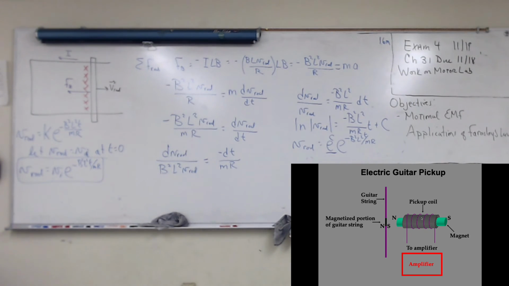You pluck the guitar string, which is magnetized because it's near a magnet, and the magnetized guitar string is vibrating, producing a changing flux as observed by the pickup coil. So there's an induced EMF in the pickup coil, it's amplified, and then the signal's processed.